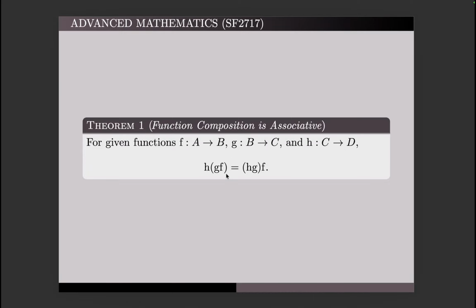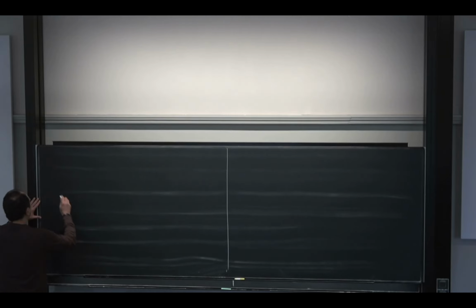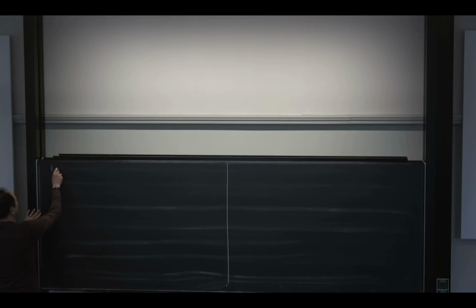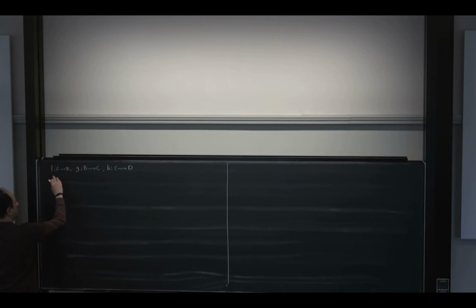In principle, it means that if f is a function from A to B, g is a function from B to C, and h is a function from C to D, then it doesn't matter how you group them. Of course, you have to arrange them in an order that the composition makes sense.